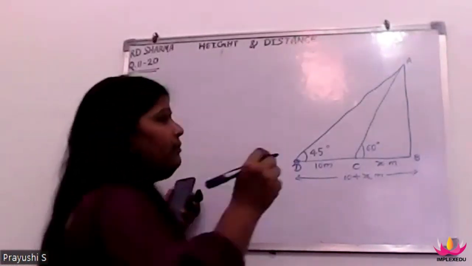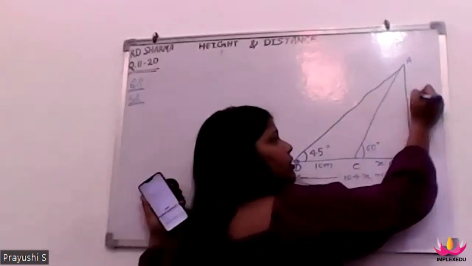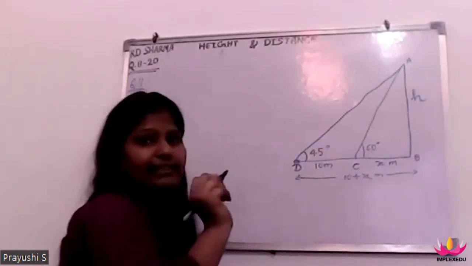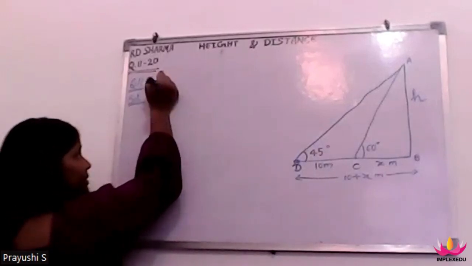In this question, we have to find the value of AB, the height of the tower, which we are taking as h. To solve this, first we take triangle ABC.